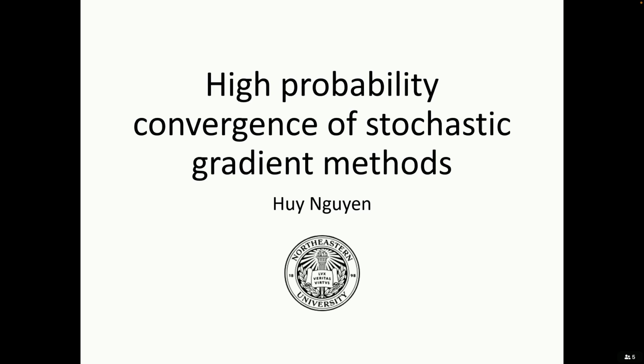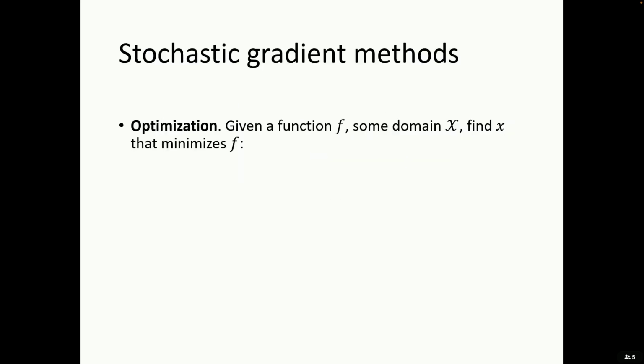So I'm going to talk about the stochastic gradient method and some of the high probability bounds that we recently showed. The setting that we look at is going to be, let's see, it seems to work, but okay, maybe my computer is just a bit slow.